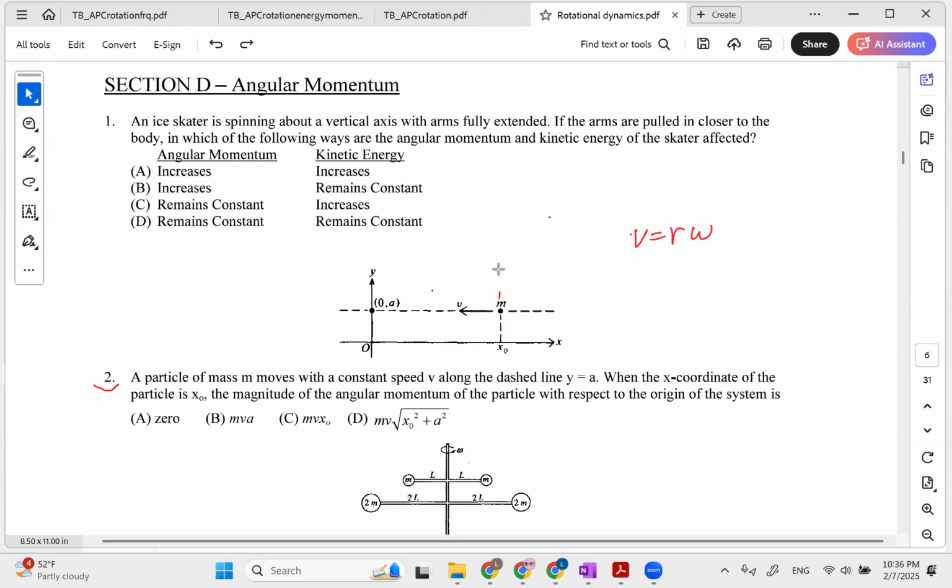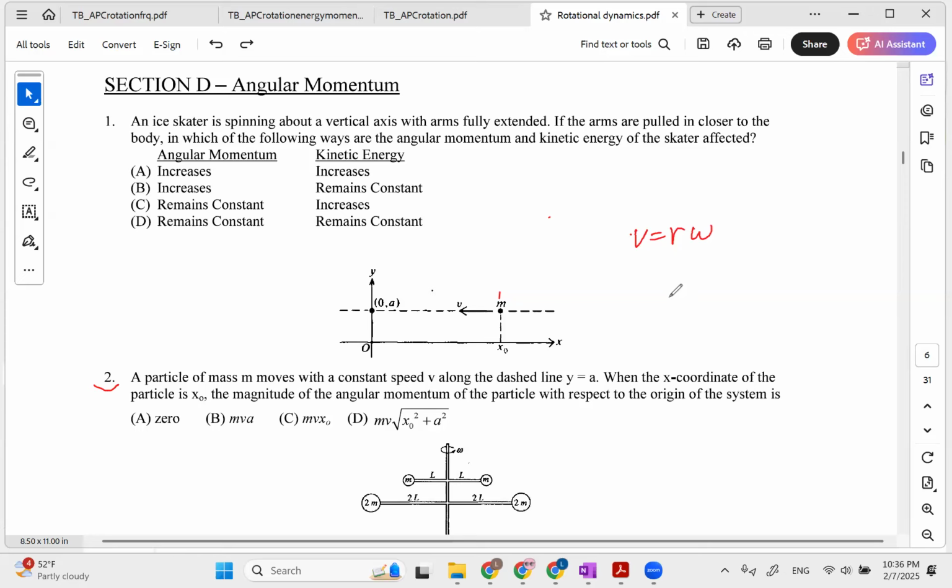I see what I did wrong. So what equation do you want to use? R cross P. So like L equals r p sine theta.